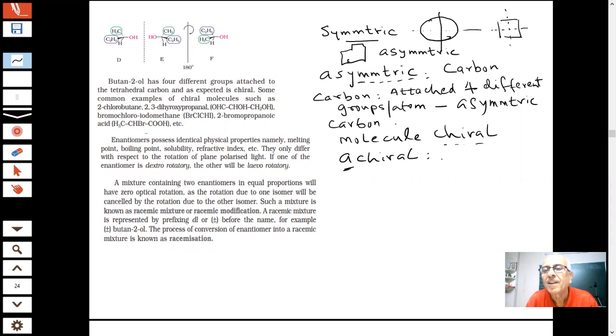Achiral means which is not asymmetric. And it is observed that the molecules which are chiral are optically active. A compound will be optically active if it has a chiral center.